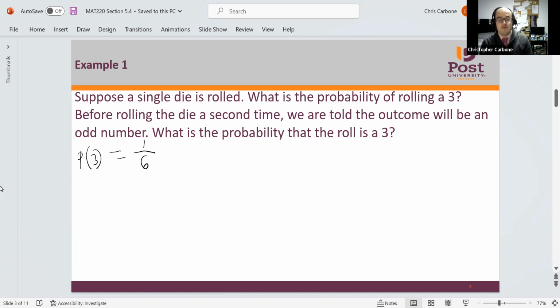But let's say before rolling this die a second time, we are told the outcome is an odd number. We want the probability of rolling a 3 given that we were already told it is going to be an odd number.